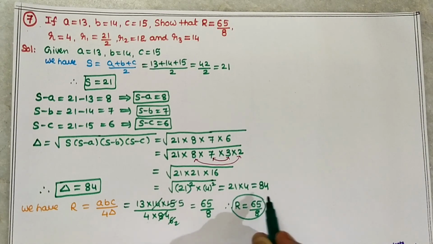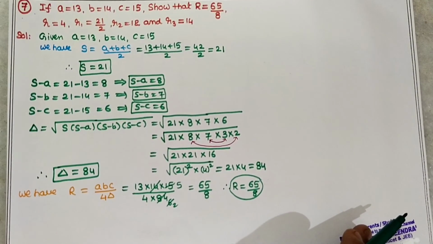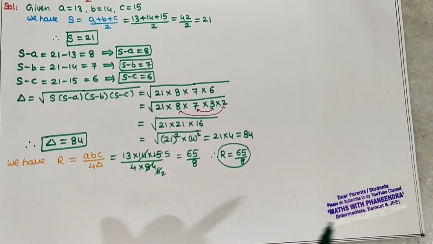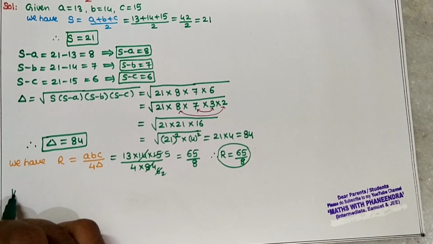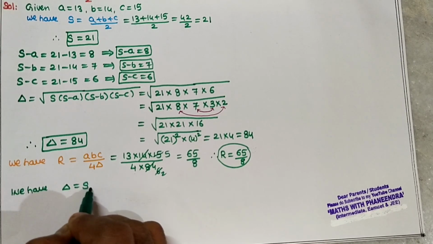They are asking to prove this result. We got it, 65 by 8. Next they are asking small r value. Whenever you know s and delta, small r is equal to, we have the formula: delta is equal to s r.